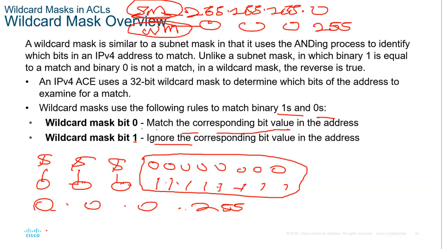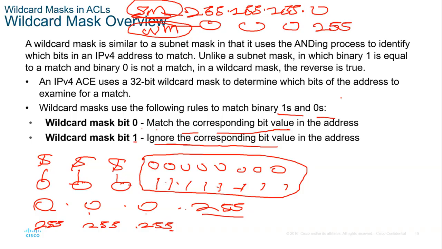In the same way with a subnet mask of 255.255.255, the octets that correspond with 255 remain constant. But with a wildcard mask, the octet that corresponds with 255 is the one that is going to change. Ignore the corresponding bit, because it is going to keep on changing.